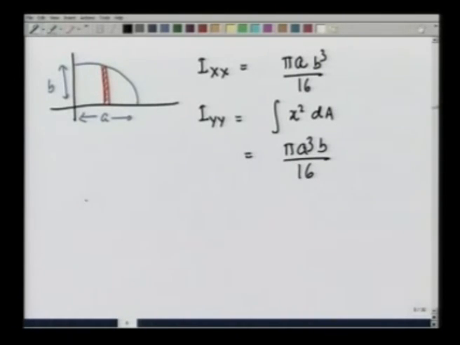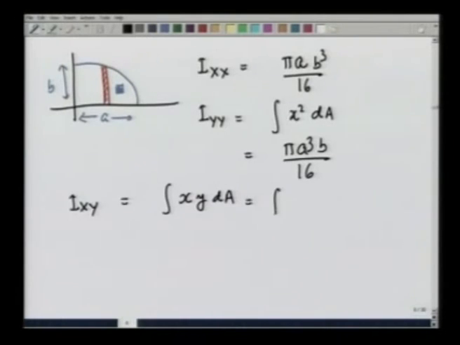How about Ixy? To calculate Ixy, I have to calculate the integral of x y dA, where dA I take to be a small area at point x and y.